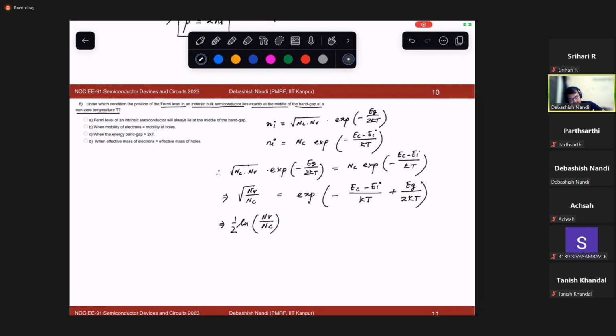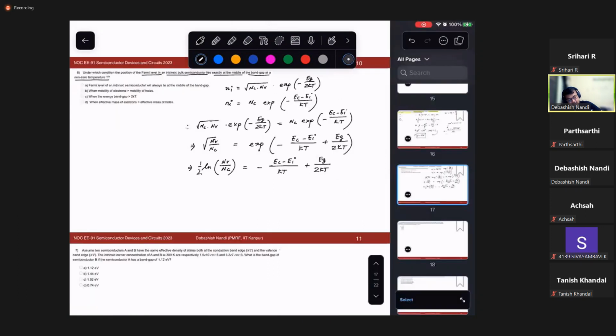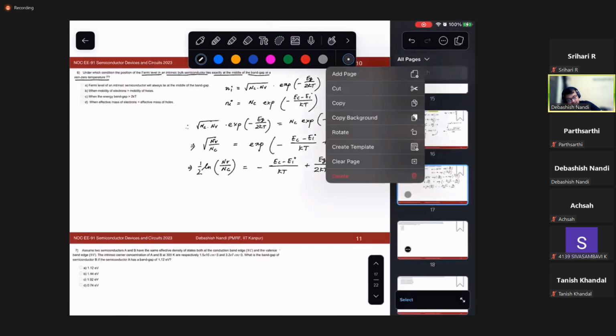This root will come as half, and here you will get Ec minus Ei by Kt plus Eg by 2Kt. By the way, what is Ei? Ei is nothing but your intrinsic Fermi level.